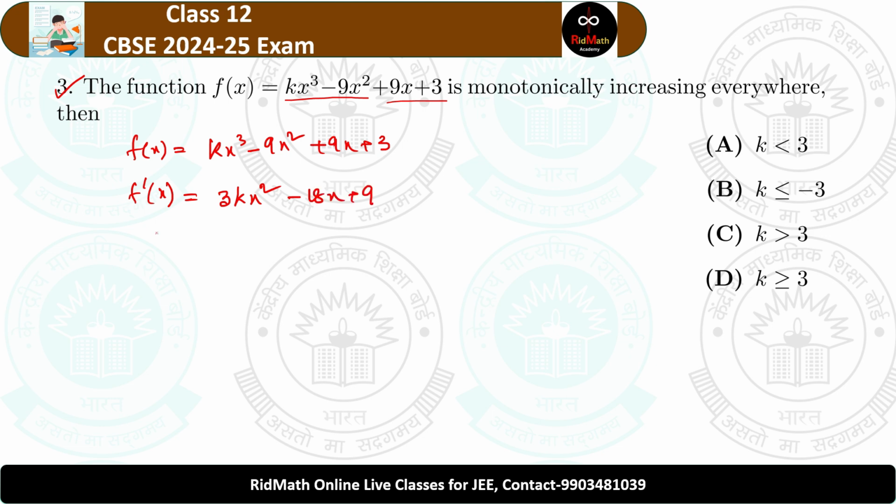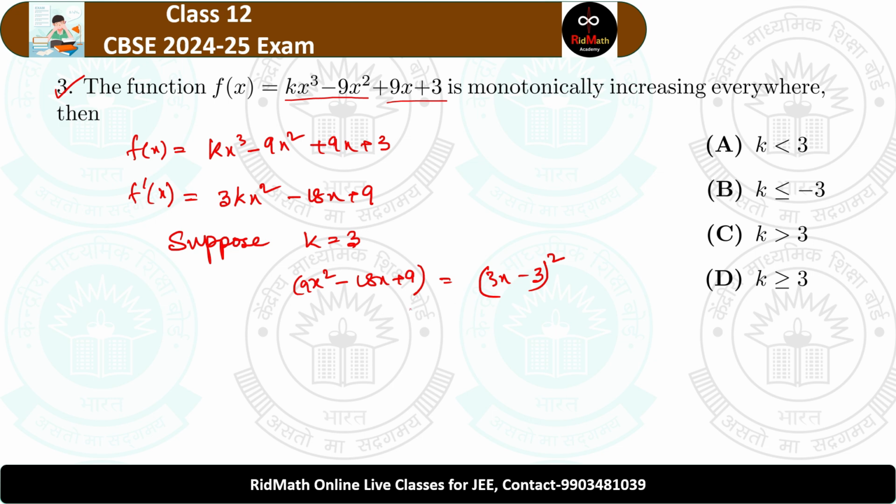Okay, suppose k equal to 3. That means this is 9x square minus 18x plus 9, that is equal to 9 times (x minus 1) whole square.